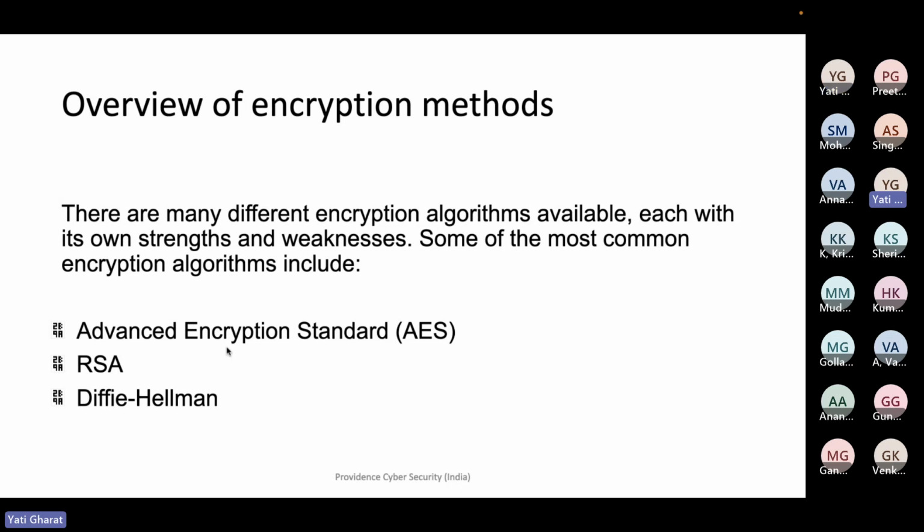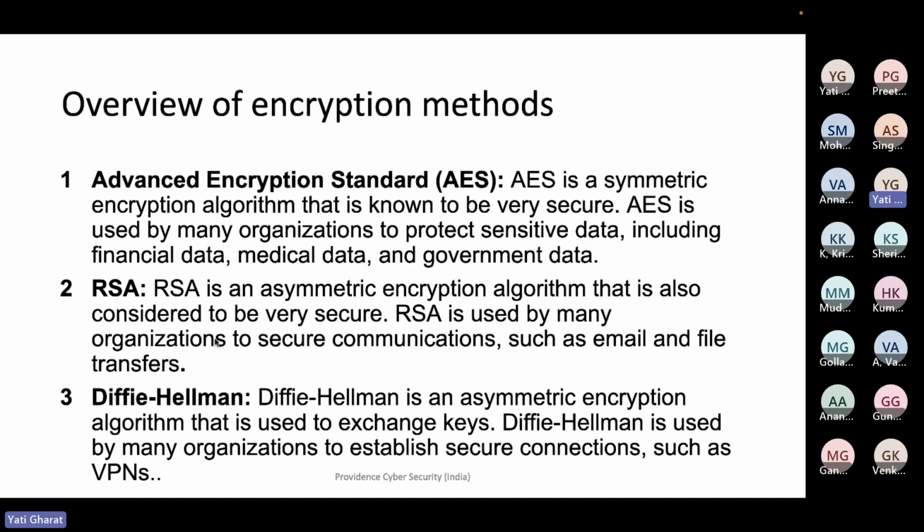Remember, if you go back to the history of encryption algorithms, some algorithms which were considered secure are considered weak today. So understand this. AES is a symmetric encryption algorithm that is known to be very secure. AES is used by many organizations to protect sensitive data, including financial data, medical data, and government data. It is considered to be very, very secure.